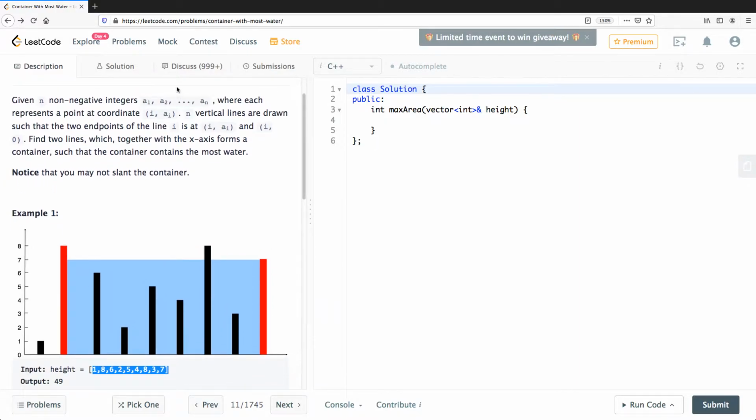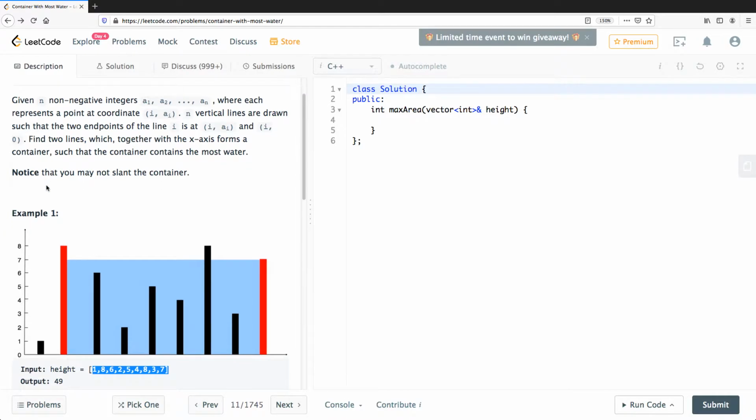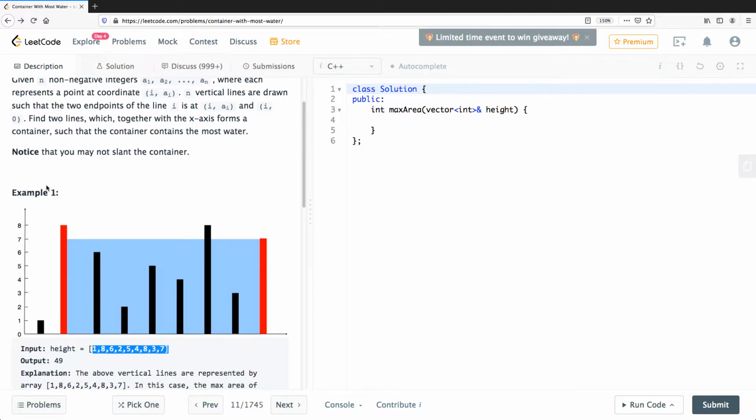So, for example, when your index is 0 here, ai will be the length at 0, a0. So a0 in this case is 1. Similarly, the value at this index here is 8. So that's easy. Find two lines which together with the x-axis form a container such that the container contains the most water.